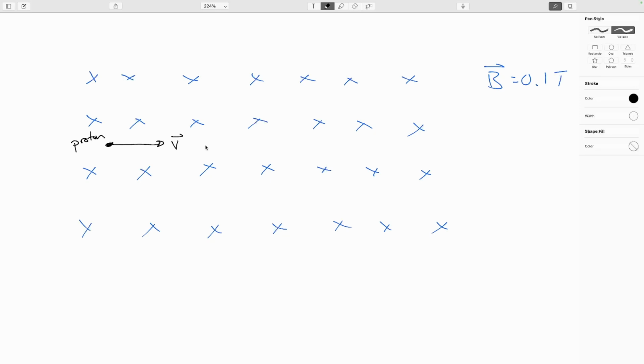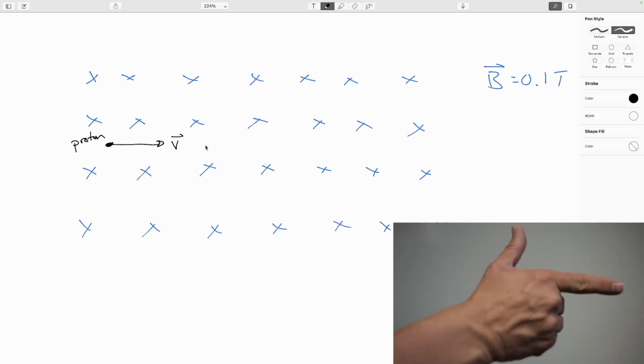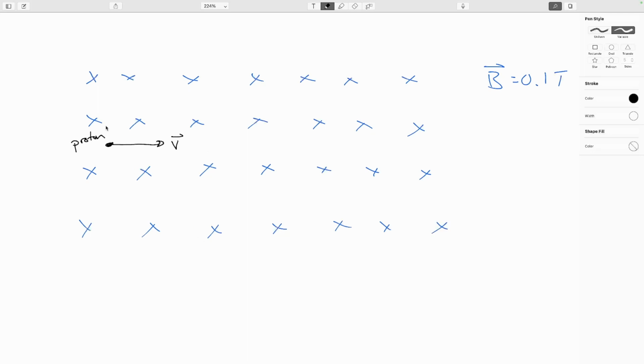While pointing your right hand to the right, rotate your hand around your index finger until your field fingers are pointing into the screen. When you do that, you'll get that the magnetic force points up along the thumb of your right hand.